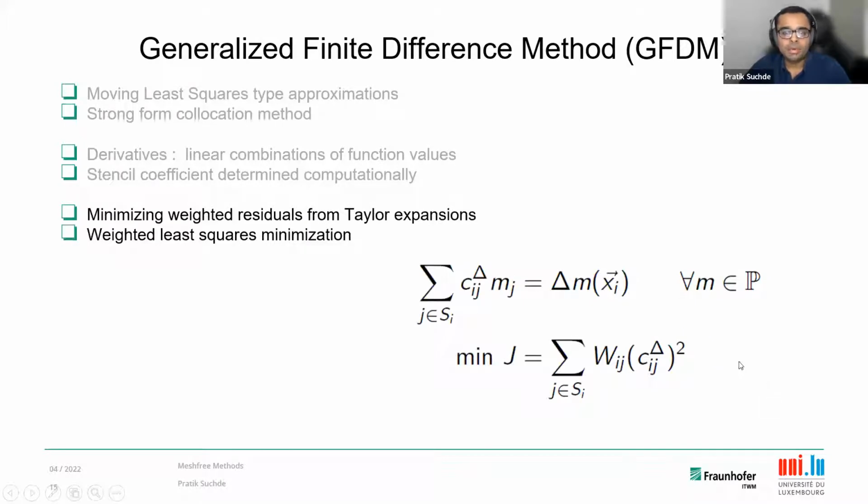Now, as is the case in classical finite difference, you can do this by minimizing the errors in truncated Taylor expansions. So we'll write a Taylor expansion around the center point on each of the neighboring points and minimize weighted error summations. You can also write the same formulation in an equivalent way, which some people may find easier to understand: I have a set of test functions here, referred to as P, which you will differentiate exactly.